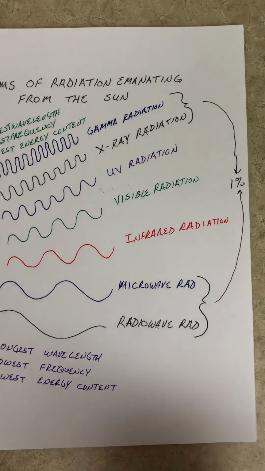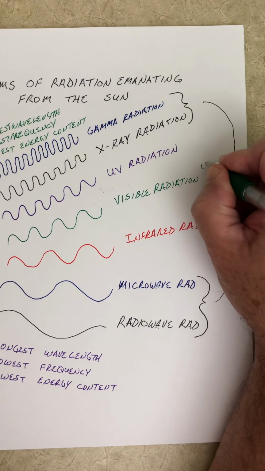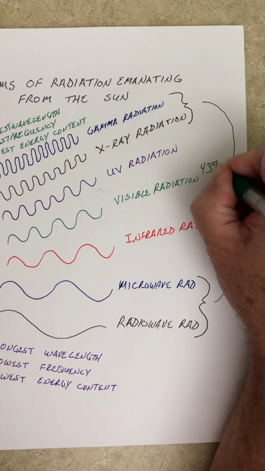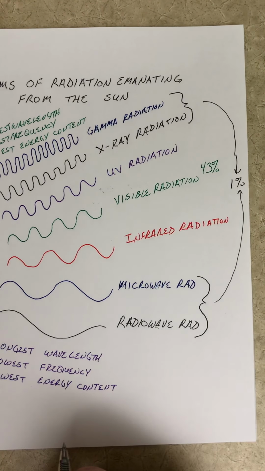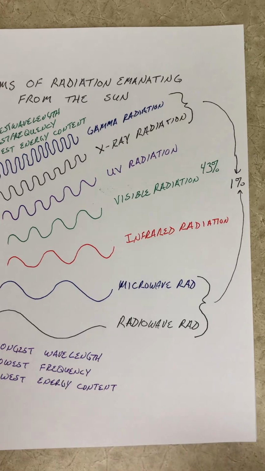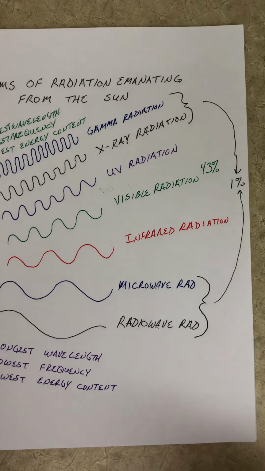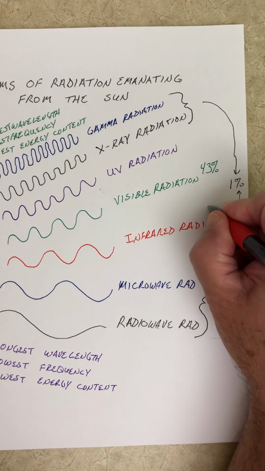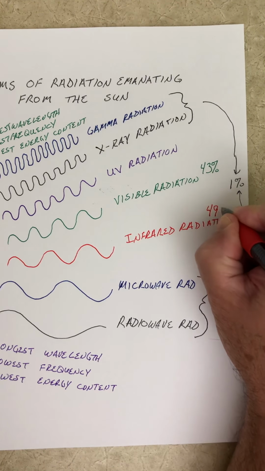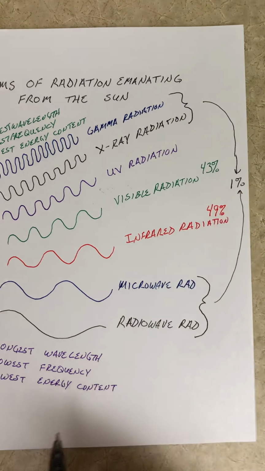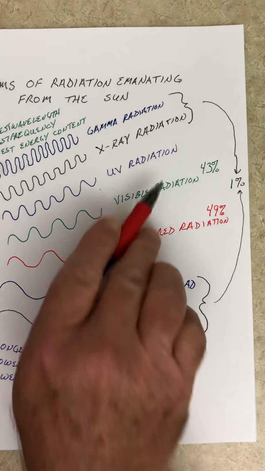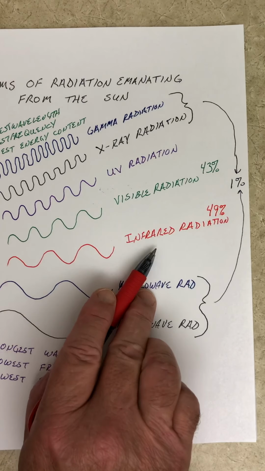Visible radiation makes up 43% of the energy that reaches the top of the Earth's atmosphere, of that solar radiation that travels through space. Okay? Infrared radiation makes up 49% of the solar radiation that reaches the top of the Earth's atmosphere. So just combine visible and infrared radiation.